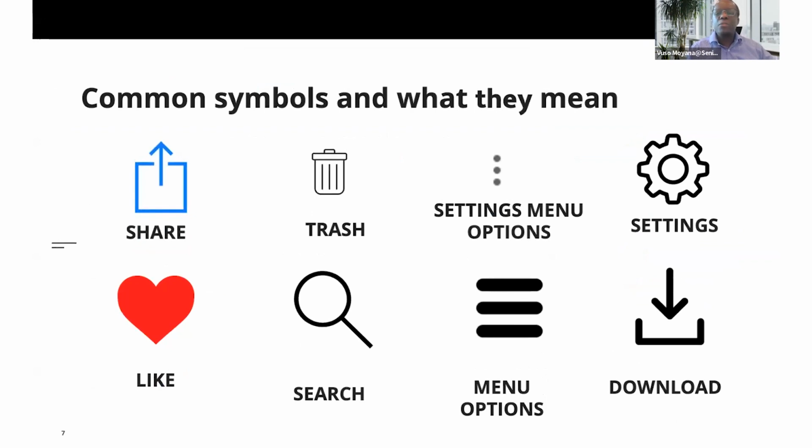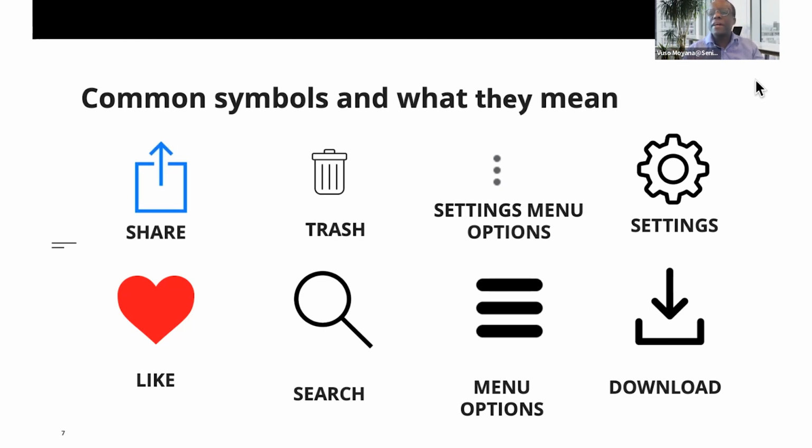Here are some common symbols that you will see on your iPad every time you are using it. You've got the share button, which is at the top left, and I'll come back to that one. You've got the trash if you want to delete something. Every time you see 3 dots, those show you that there is a setting behind it, something that you can change.